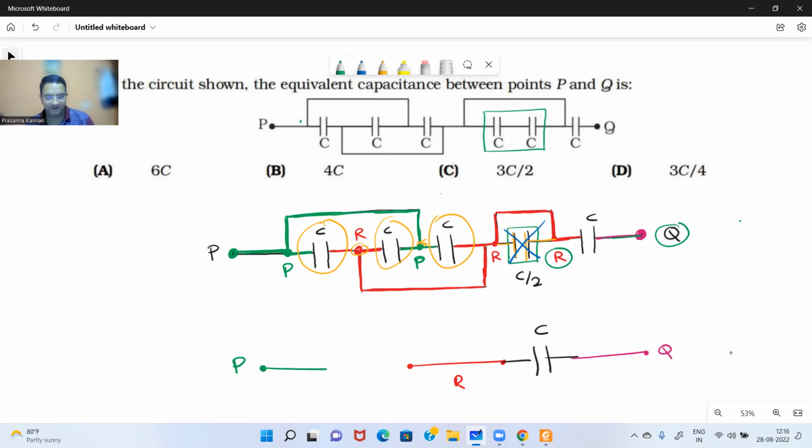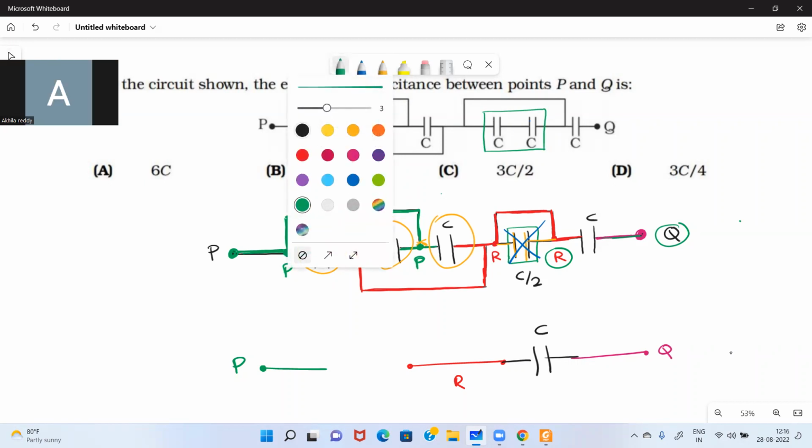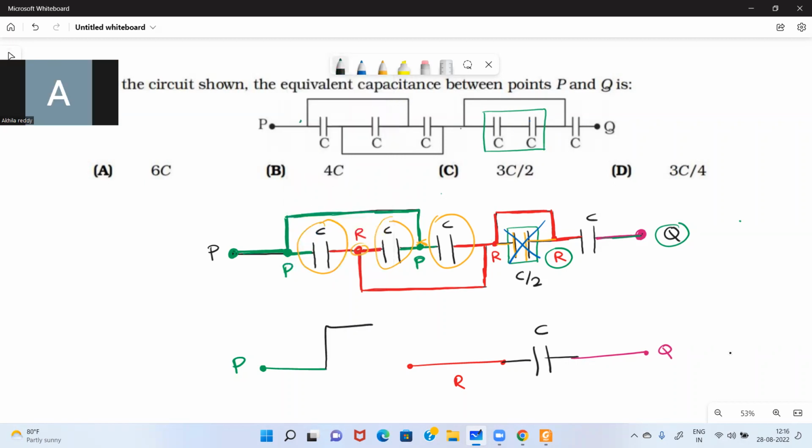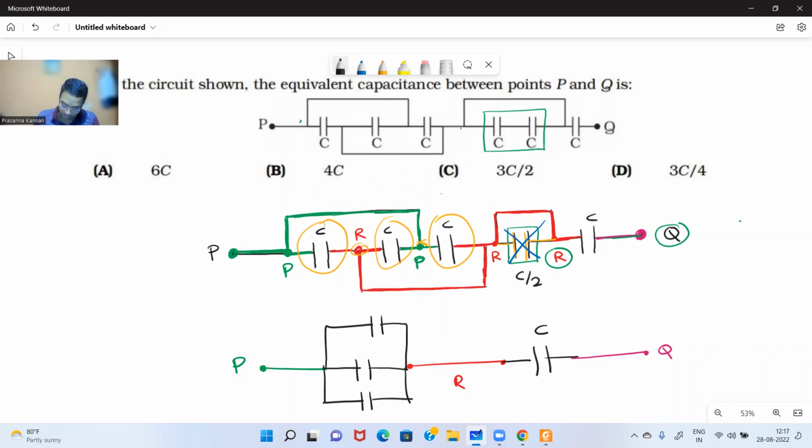P and R or R and P, doesn't matter. Three capacitors are there between P and R. So between P and R, one capacitor, another capacitor, another capacitor. So the two endpoints must be P and R. Is it clear to you?